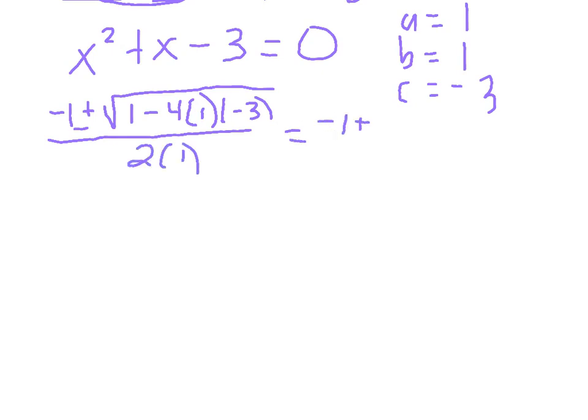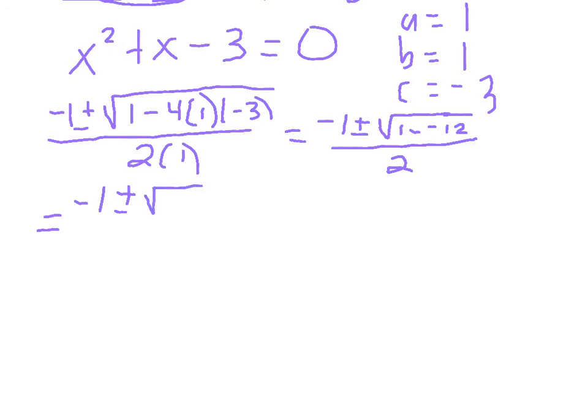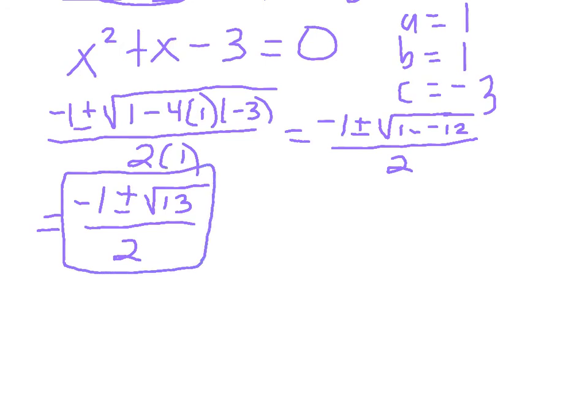Negative 1 plus and minus the square root of 1 minus negative 12, all over 2, equals negative 1 plus and minus square root of 13. And that's all you can do. There's nothing else you can do to have it as an exact answer. The 13 can't be simplified because the only factors of 13 are 13 and 1. And there's no reducing of any kind of a fraction there. So we're all set.